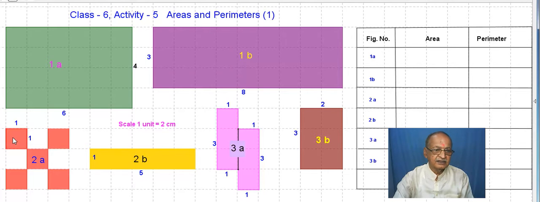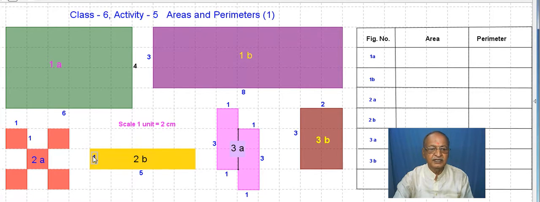So the total perimeter will be 4 plus 4, 8, 8 plus 4, 12, 12 plus 4, 16, and 16 plus 4, 20 units. Here 5 square units will be the area and 20 units will be the perimeter of this figure 2A.